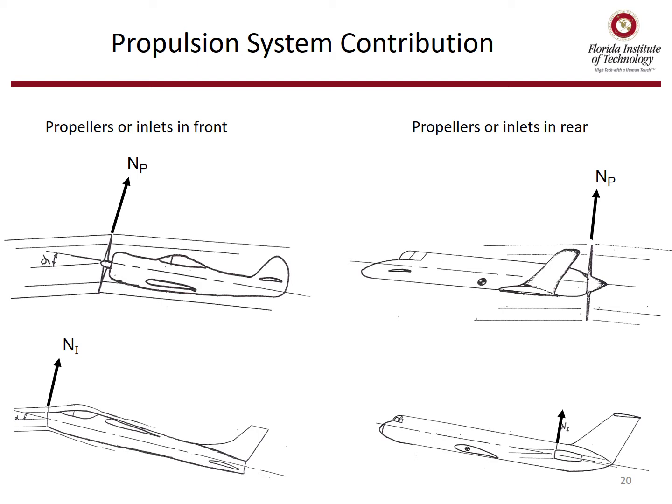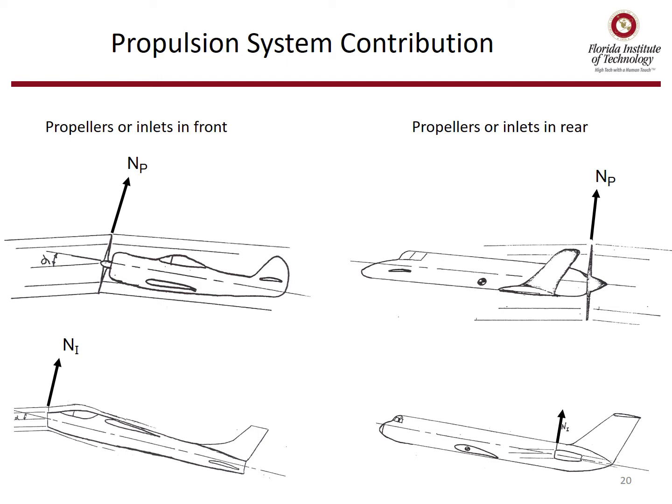So if you get a disturbance in angle of attack, it's actually destabilizing. It's going to want to continue the nose going up. Likewise, for the jet in the lower left-hand corner, as the air hits the inlet, it generates that normal force at the inlet, which, based on the center of gravity and the right-hand rule, would give us an upward pitching moment or a nose up, and so that would be destabilizing.